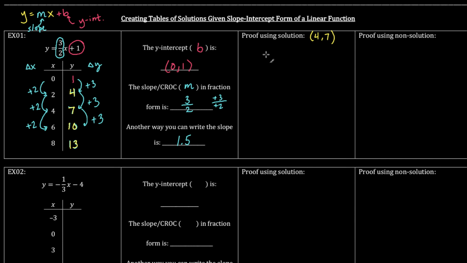So I will write my original equation, mx plus b. That should be 3 over 2x, and then plus b, which is plus 1.